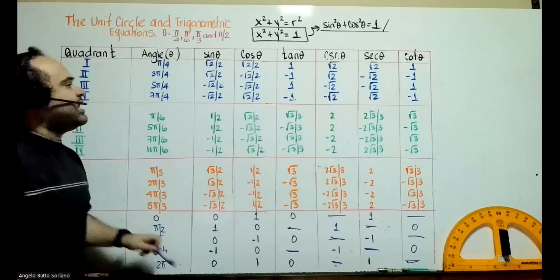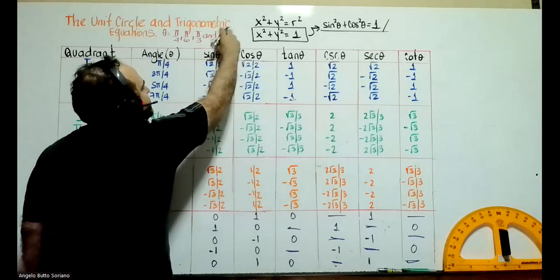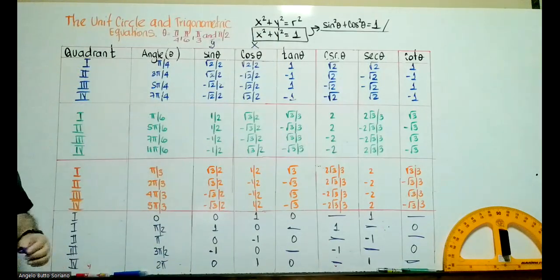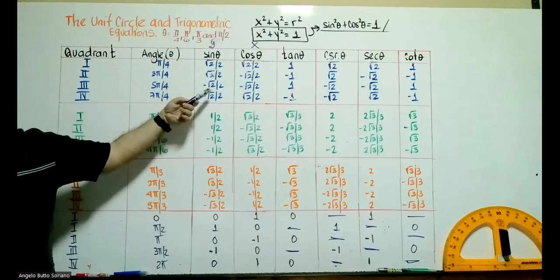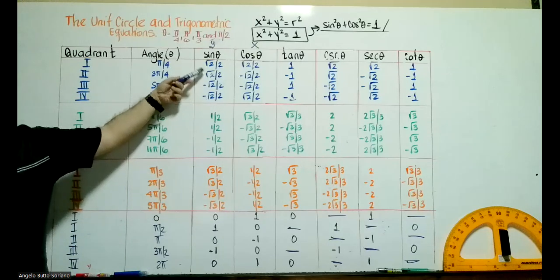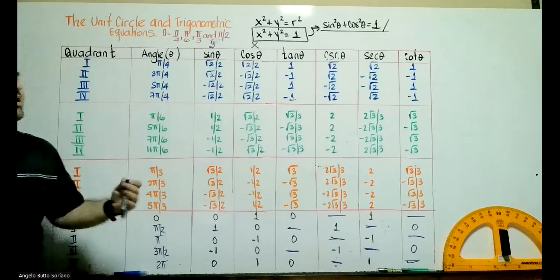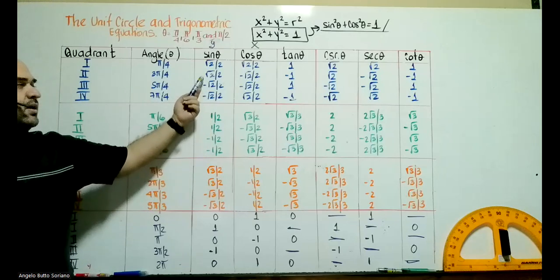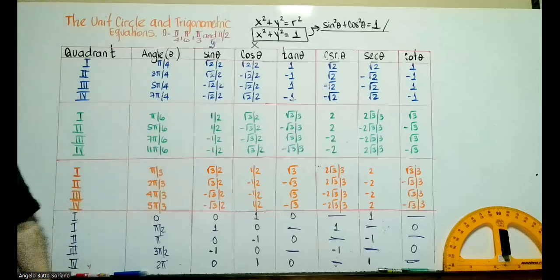Remember, the function sine belongs to the y-axis, and cosine represents the x-axis. For that reason, in the first and second quadrants of the coordinate plane, the y-axis is positive, and the x-axis is positive in the first quadrant and negative in the second quadrant. In the third and fourth quadrants, the y-axis is negative, and the x-axis is negative in the third quadrant and positive in the fourth quadrant.